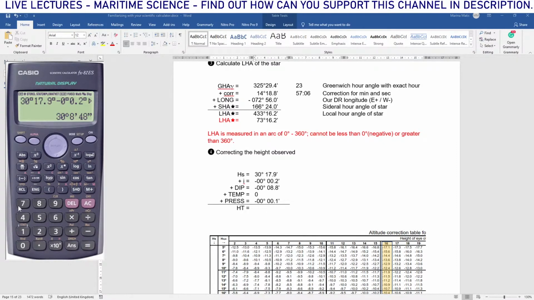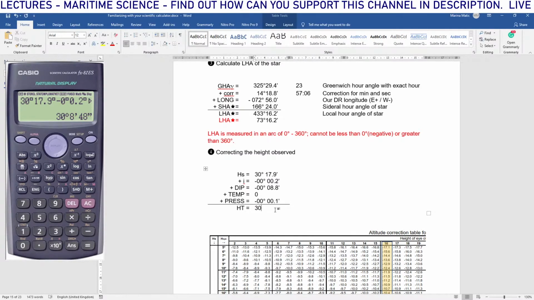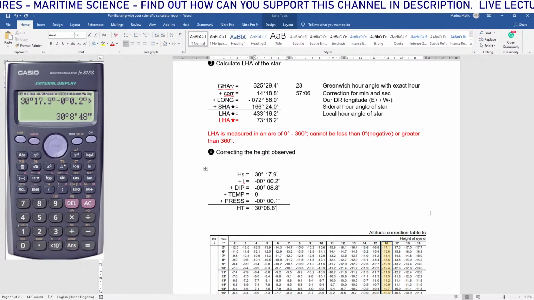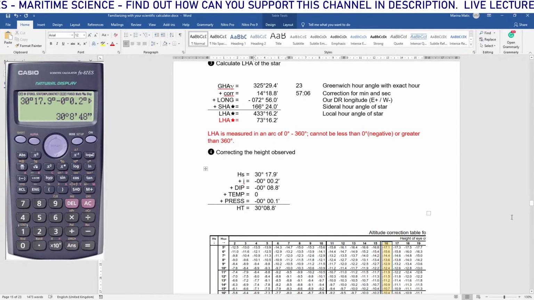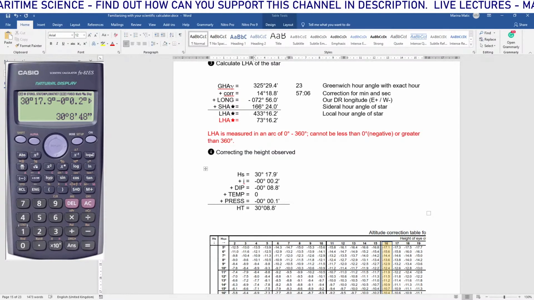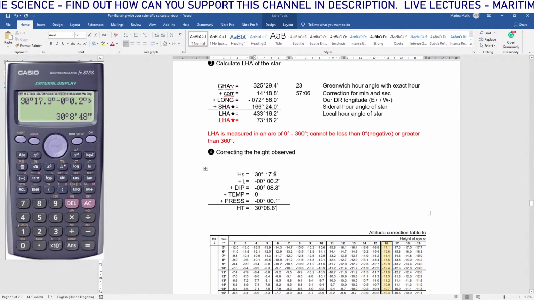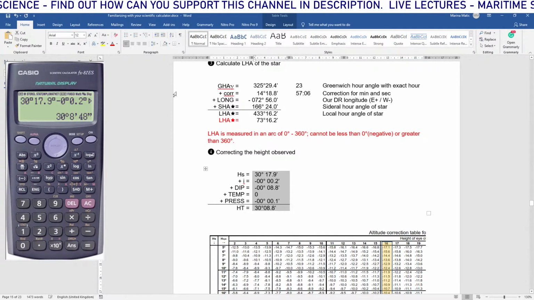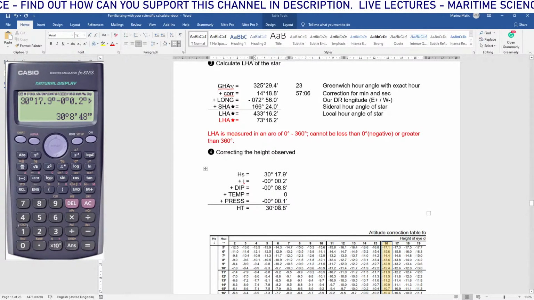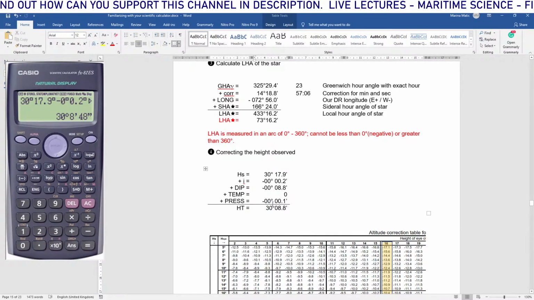And the calculator says it's 30 degrees 08.8 minutes. Now, how do I know it's 0.8 when the calculator is showing 48? Because 48 seconds divided by 6 is 8. So that is the number I put, because we do not use seconds. We have seconds in time, but not seconds in angle. And that is how I got my height true.